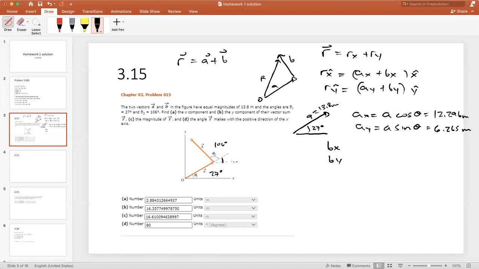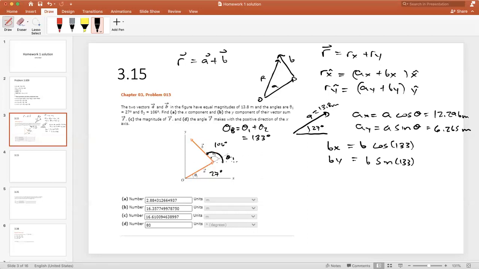So we need to find the full angle from that x-axis to B. This angle is the same as angle 1 plus angle 2, and we see that's 27 plus 106, which is 133 degrees. So the components of B are 13.8 cosine of 133, and 13.8 sine of 133.